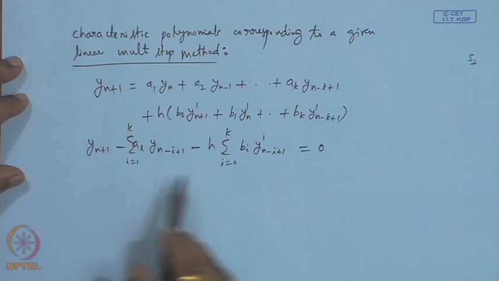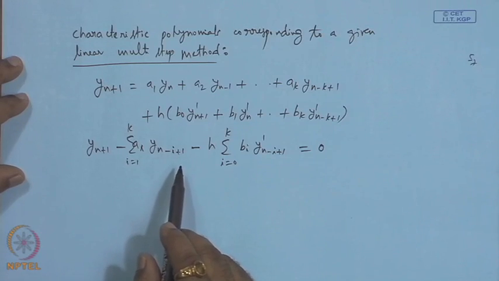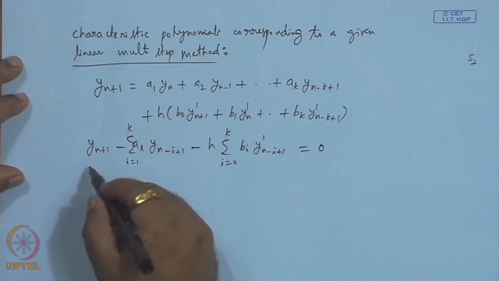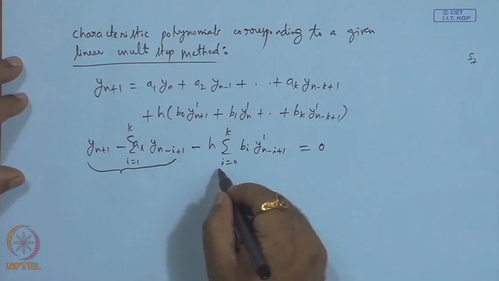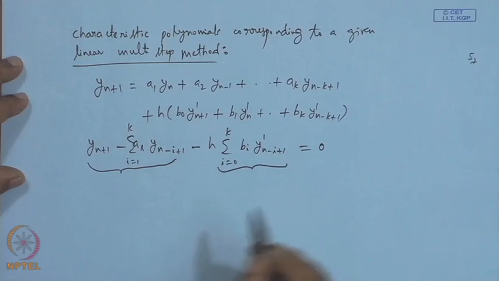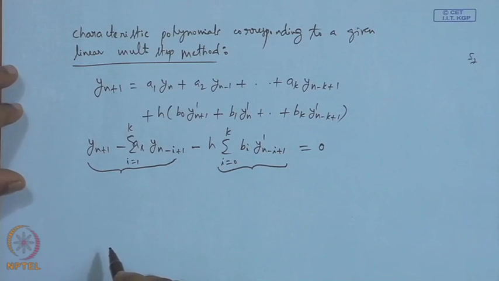So, this is a linear multistep method. Now let us identify these terms.